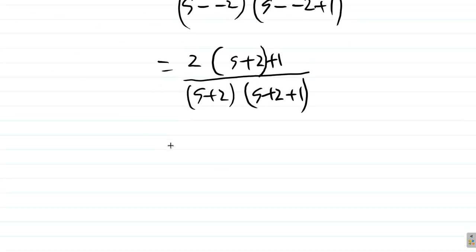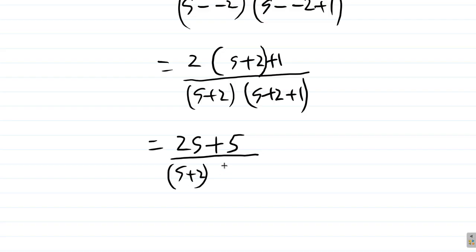So what does that give us? It is 2s + 4, plus 1 is 5, over (s + 2) times (s + 3). Okay, good.